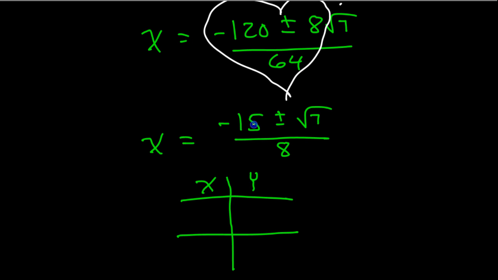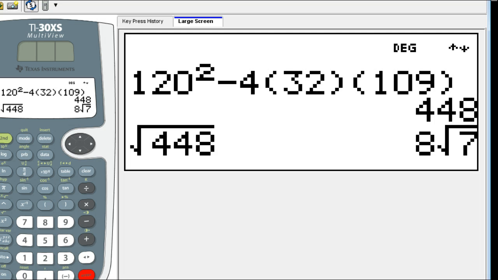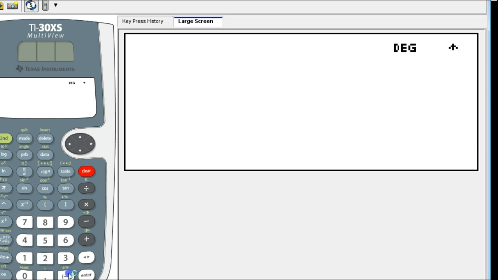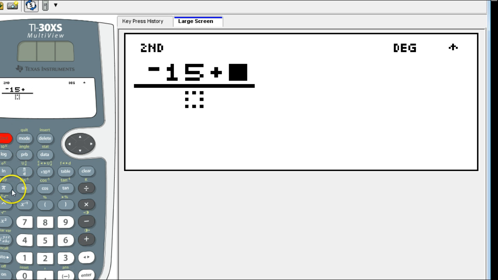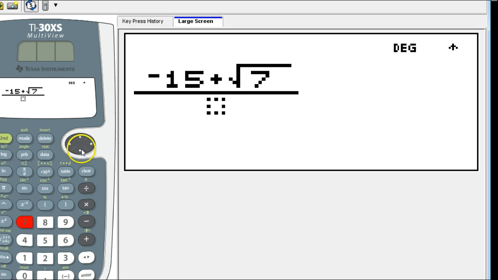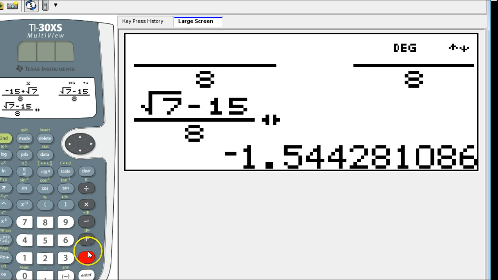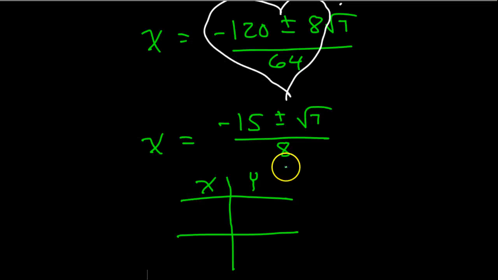Okay, so if I put this in my calculator, negative 15 plus radical 7 over 8, that gives me negative 1.54. Okay, that's an approximation.